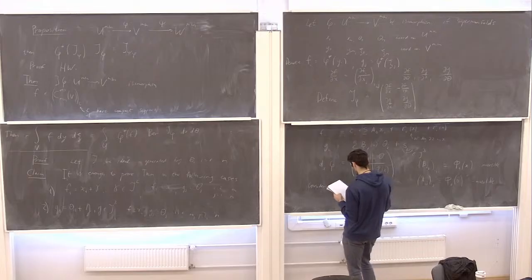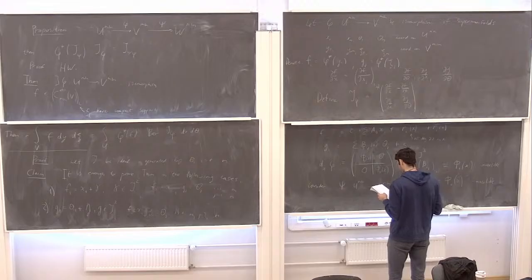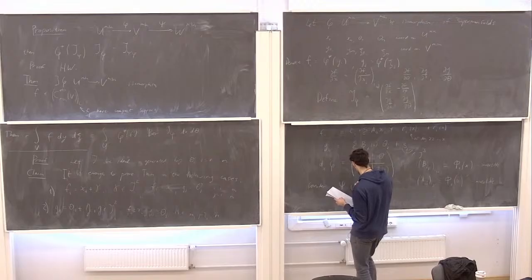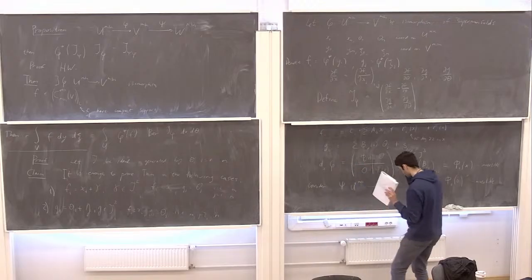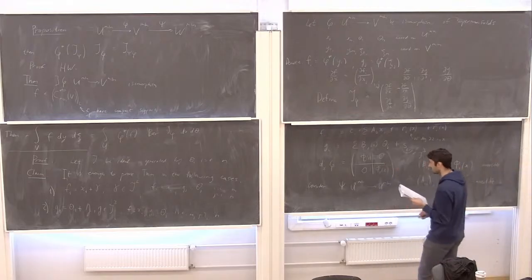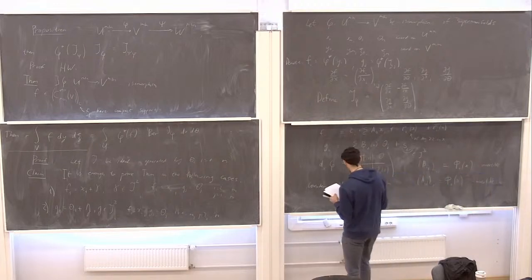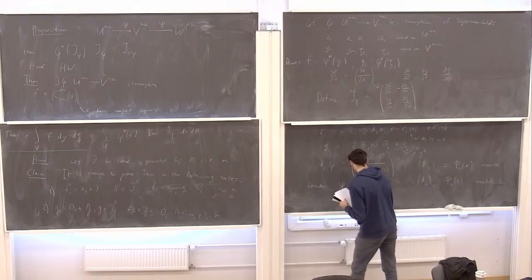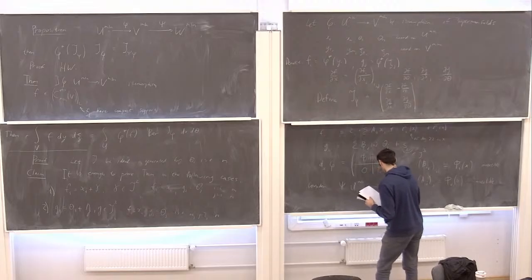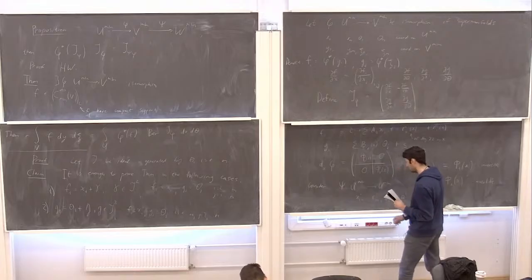Let me make one of them U prime^{m|n}. Let me think of this copy as a different copy. And on U prime I will have coordinates x_1 prime through x_m prime, theta_1 prime through theta_n prime. Right, so these are coordinates in here.